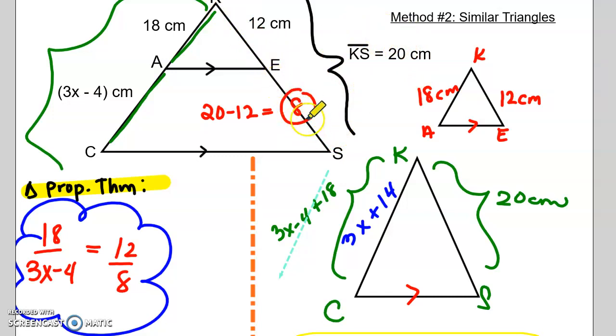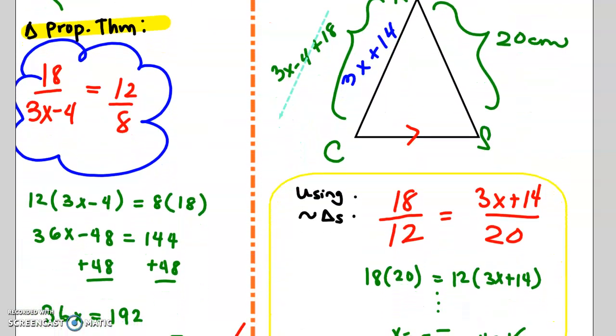So how do I get this little segment? 20 minus 12. So here's my proportion. And if I continue, here is the algebra.